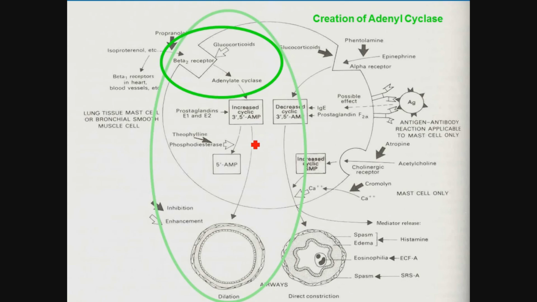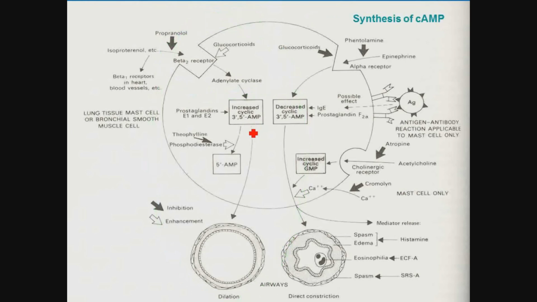The first thing that is involved is when that beta receptor is stimulated, when a medication comes along and it's specific for that beta 2 site, it causes a substance called adenyl cyclase to be created. That is an enzyme that promotes the conversion of AMP into cyclic 3' 5' AMP, and that is the one that goes ahead then and causes bronchodilation.